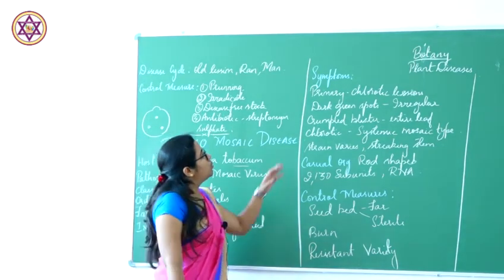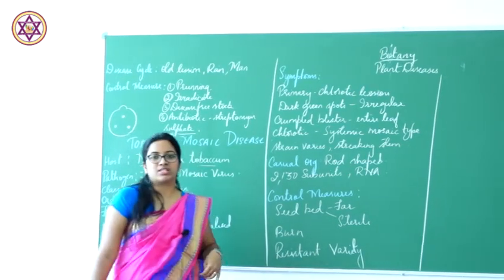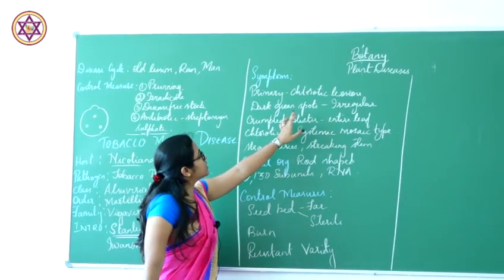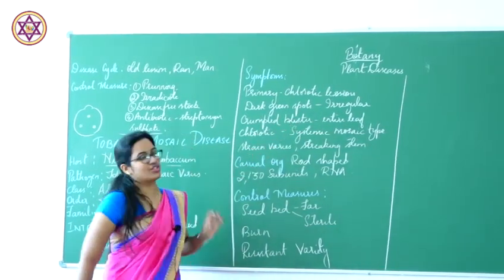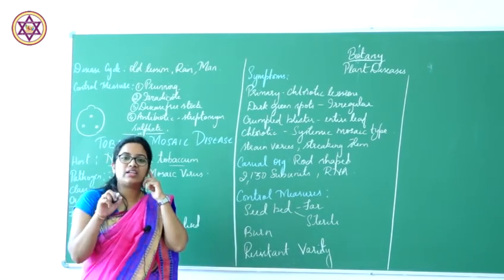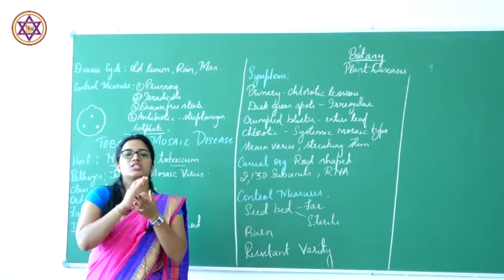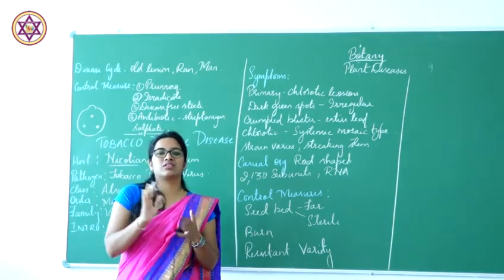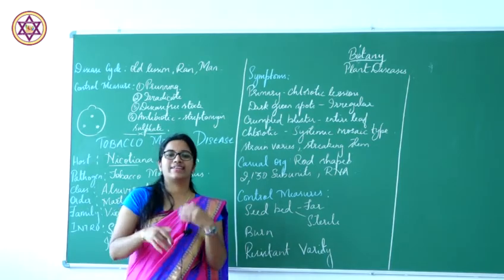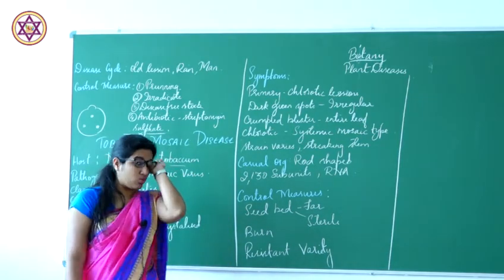Now, moving on to symptoms. The primary symptom is the chlorotic lesions. Okay, so you can find a small chlorotic area, that is the death of chlorophyll. That particular region will start turning yellowish in color and later on become brown in color.